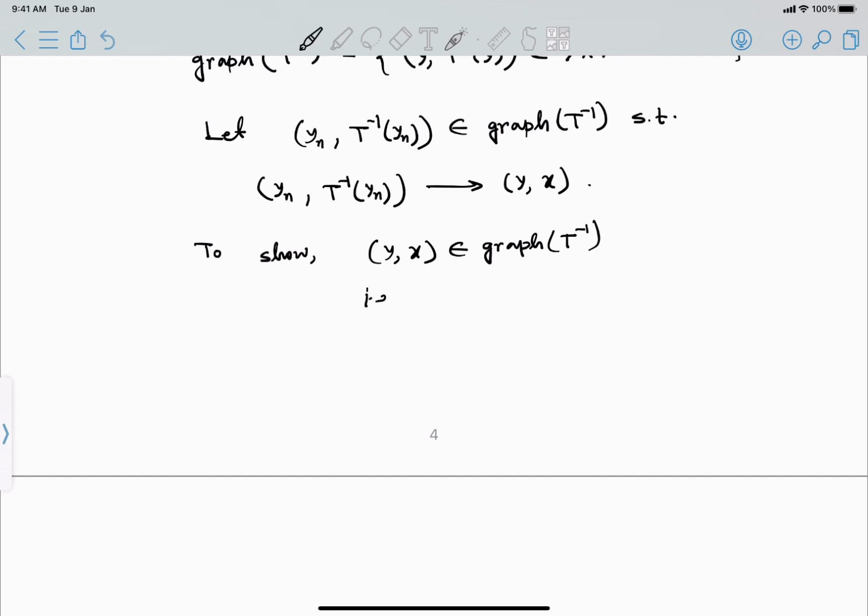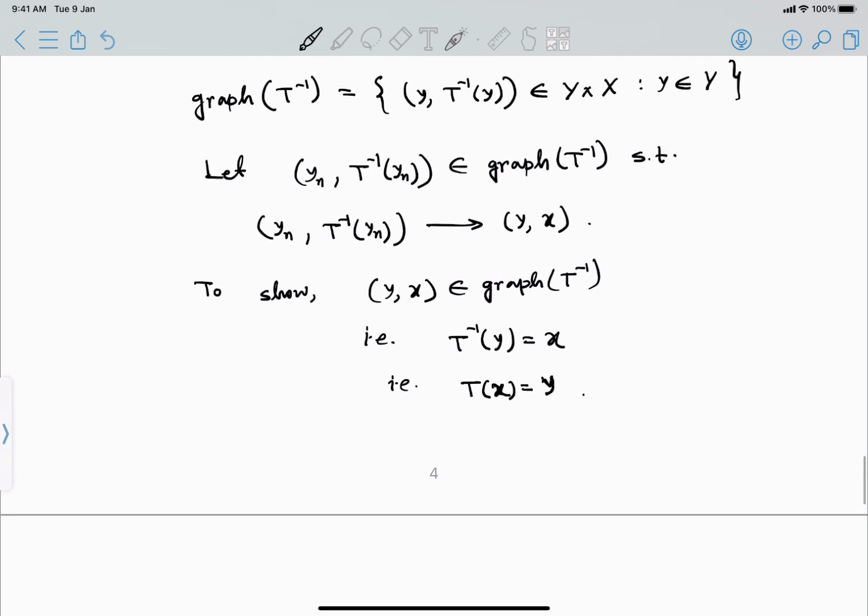Which is the same as T inverse of y equals x. Because T is bijective, this is the same as T of x equals y. So we have to show that T of x equals y.